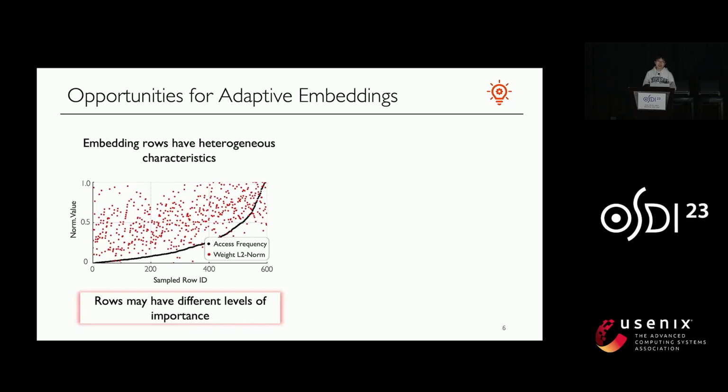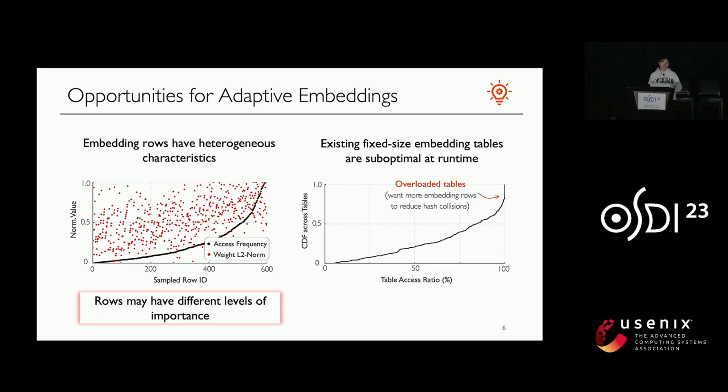Moreover, embeddings have different weights, meaning some rows may hold larger importance than others. On the other hand, the right figure shows these heterogeneous access patterns can lead to different access ratios of the embedding tables. We are seeing that some tables are overloaded and want more embedding memory to allocate more embedding rows to reduce hash collisions.